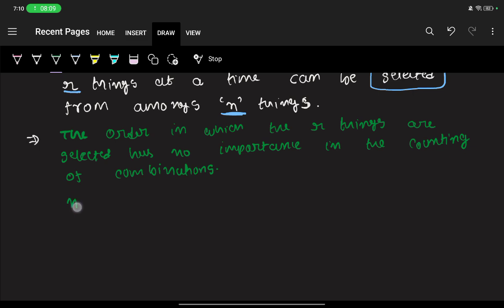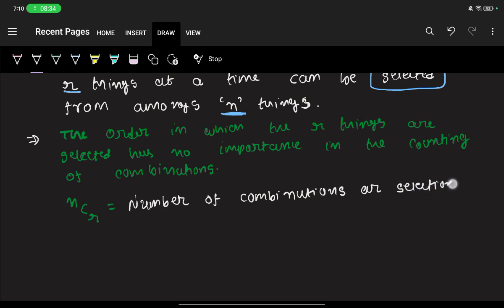So nCr is equal to the number of combinations, that means the number of selections, or combinations or selections of n things taken r at a time.